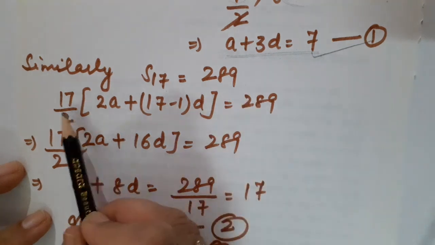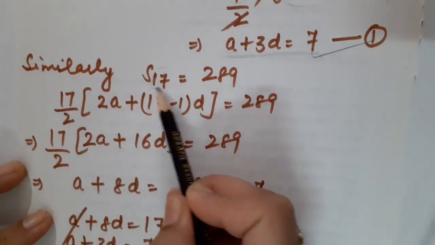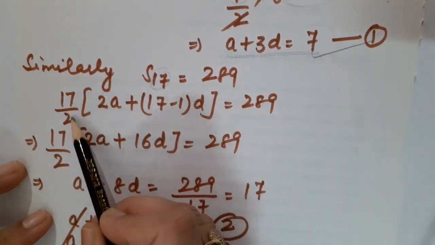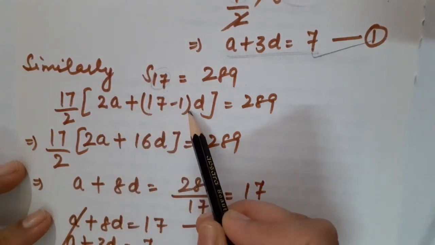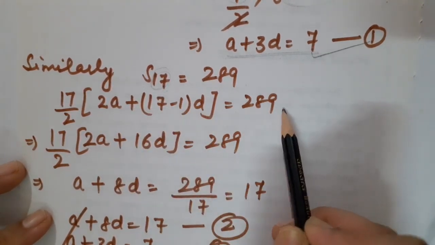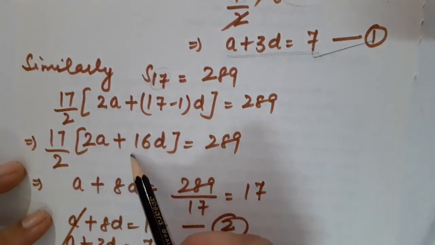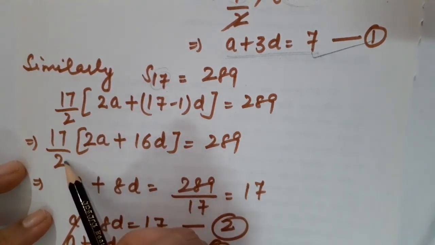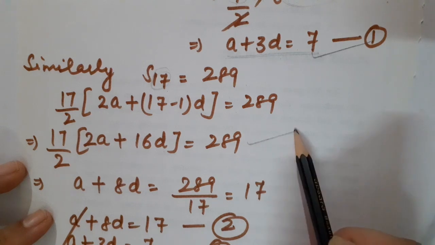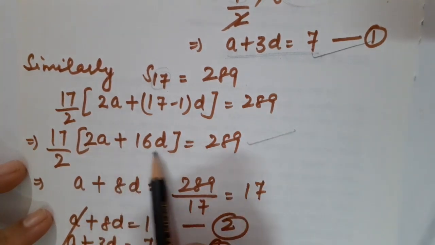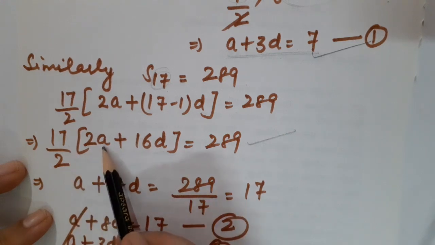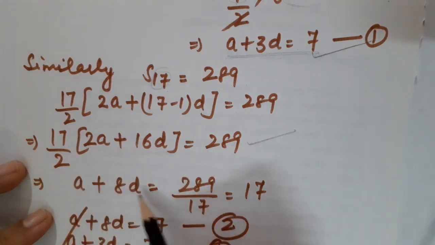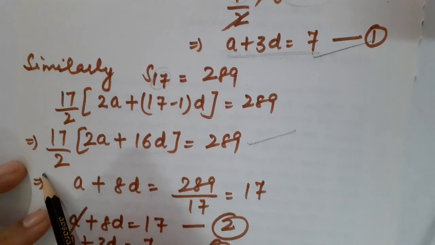Apply the same formula, n by 2. What is n here? This is 17. It would be 17 by 2 into (2a plus (17 minus 1) into d) is equal to 289. So it will be (2a plus 16d) into 17 upon 2 is equal to 289. Now I am going to take 2 as common. So when I took 2 as common, inside the bracket I have got a plus 8d, and that 2 is going to be cancelled with this.